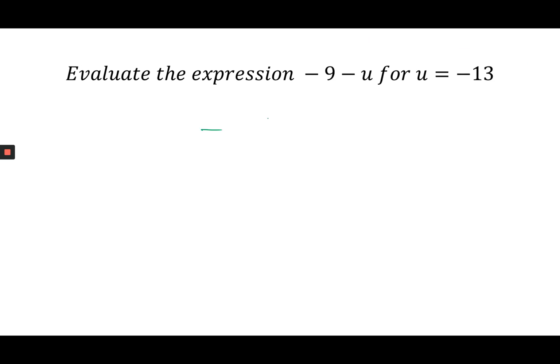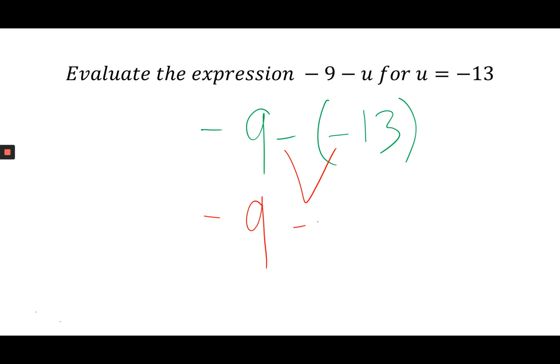Negative 9 minus u. u is negative 13. This is something beautiful that we need to be very careful with. Observe, when you see minus a negative, we just add, right? Negative 9 plus 13 is positive 4, because the absolute value of the positive side is bigger, and then it's going to be positive. 13 minus 9 is 4.